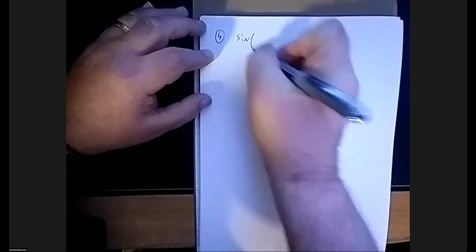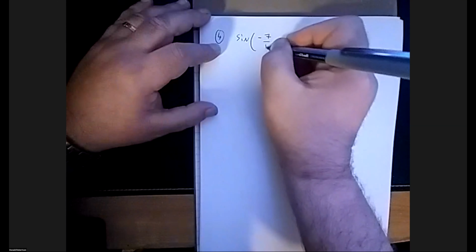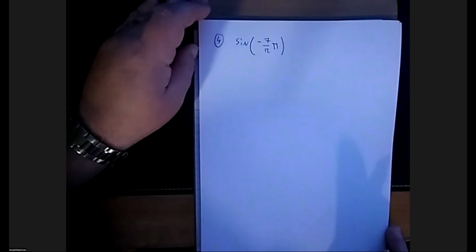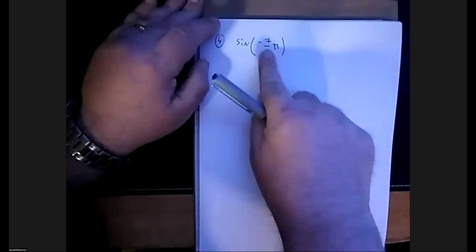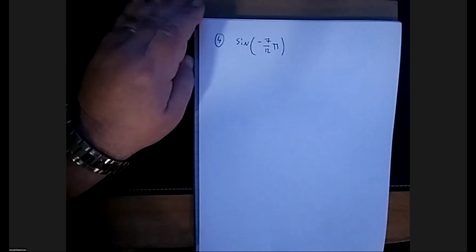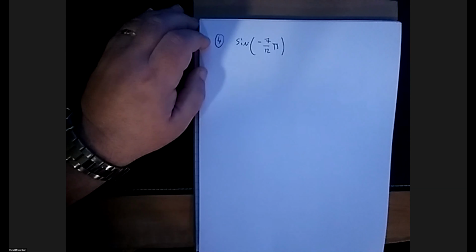And it's the same question, but with one major difference. Can you see it's radians? If that wasn't bad enough, it's a negative 7/12 pi radians.